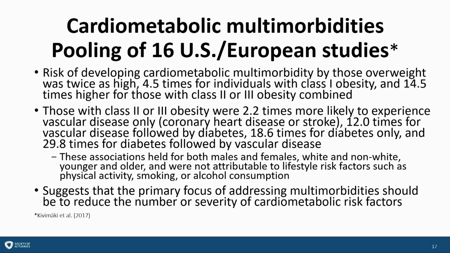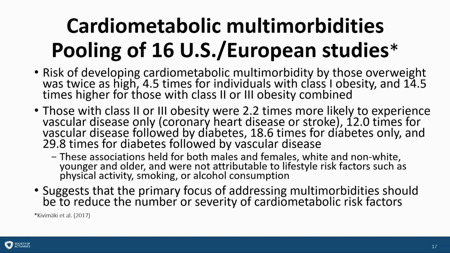In terms of development, it was 4.5 times for those with class 1 obesity, that is BMI between 30 and 35, and 14.5 times higher with the higher levels of BMI. So that means that those are really the contributing factors. Once you become extremely obese, you are much more likely to suffer from these multimorbidity conditions.